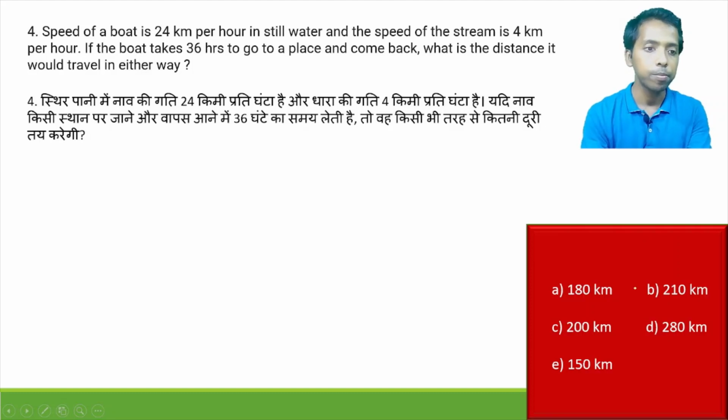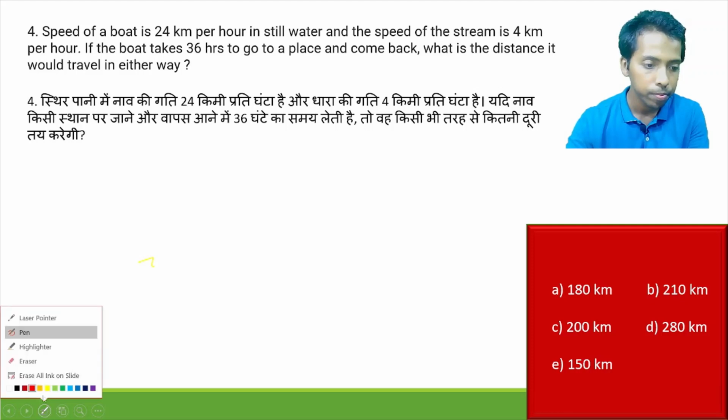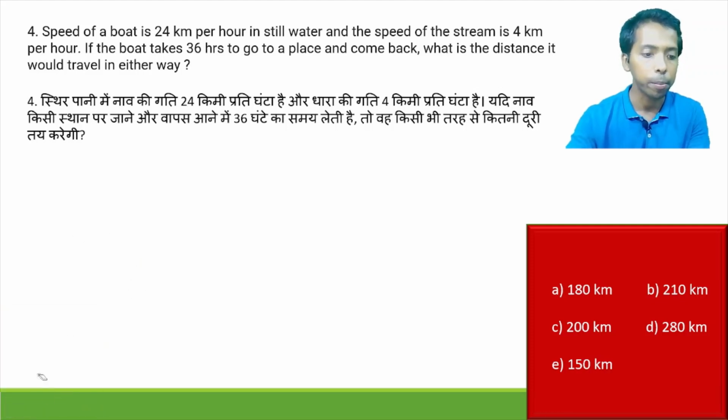Moving to the next, question number 4 here on your screen. Just read it and solve it. Speed of boat is 24 km per hour in still water and the speed of stream is 4 km per hour.